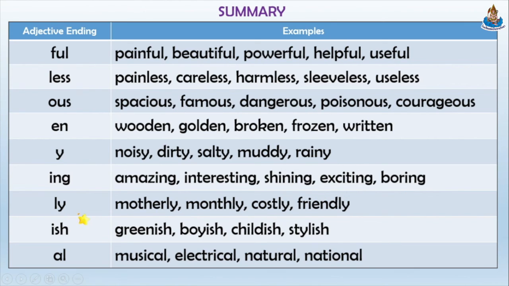For ly, we have motherly, monthly, costly, friendly. For ish, greenish, boyish, childish, stylish. Al, musical, electrical, natural, and national. I hope you guys learned something from this lesson that we had today.